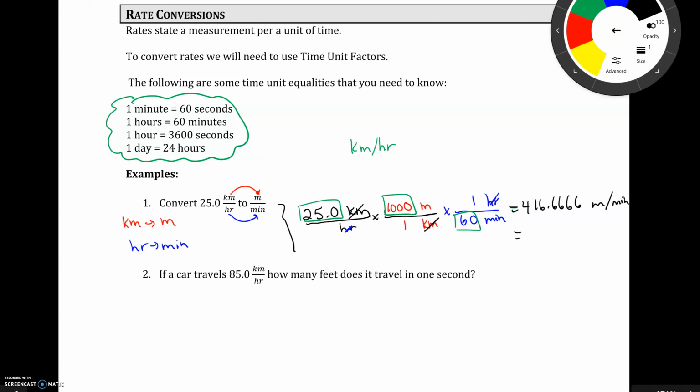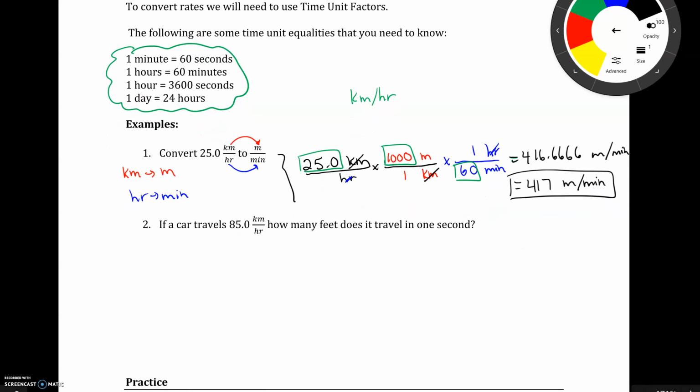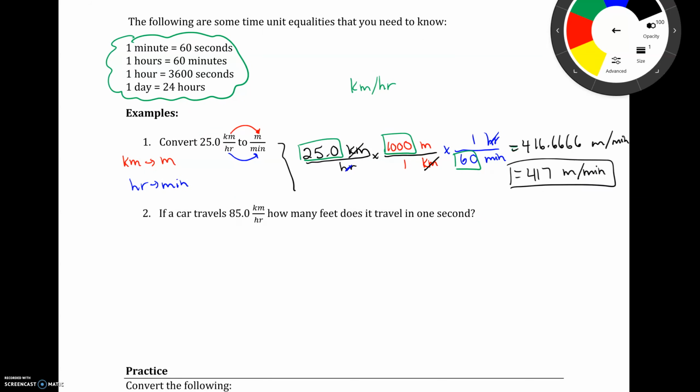I round to 3 significant digits so that my significant digits in matches my significant digits out. Awesome. So things to keep track of is making sure we set up our conversion factors so that the units cancel, and making sure that we know what conversion factors we need in the question.